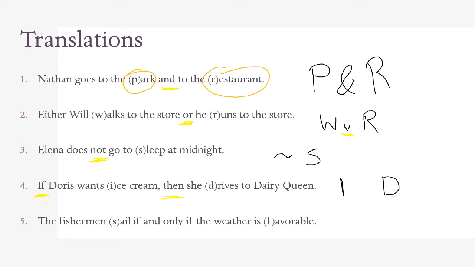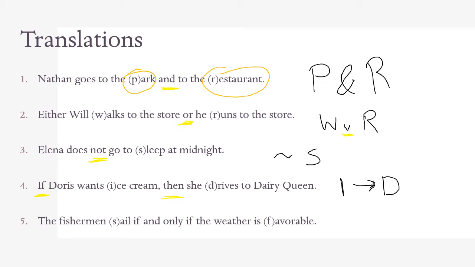If Doris wants ice cream, then she drives to Dairy Queen. So this is called a conditional statement because it's an if then, and if thens or conditional statements are represented by arrows. So if Doris wants ice cream, then she drives to DQ. And that's all we're doing for that.